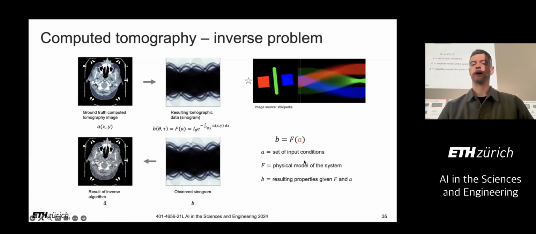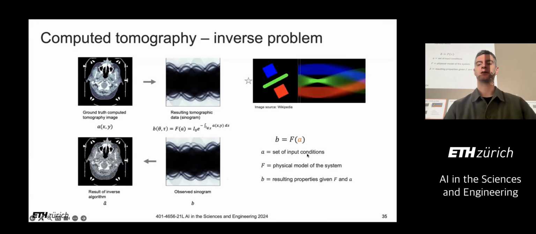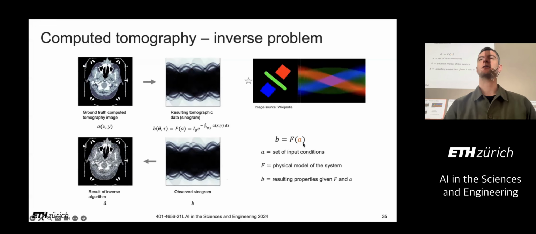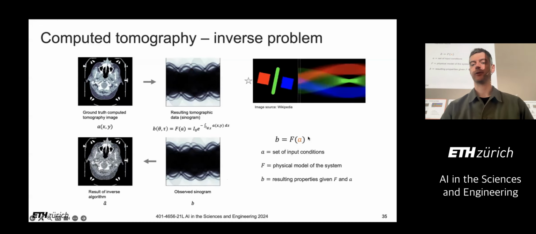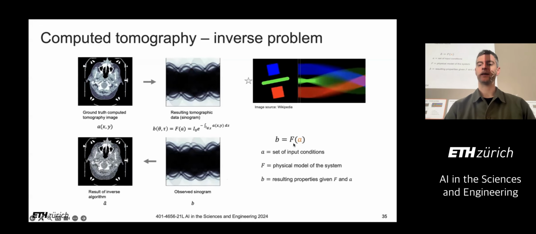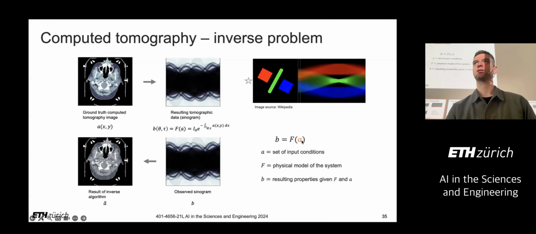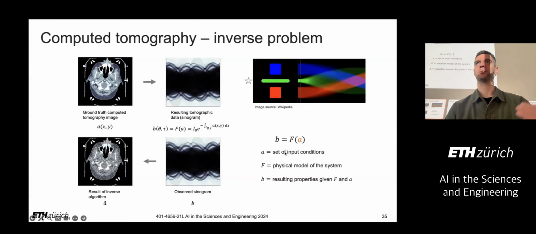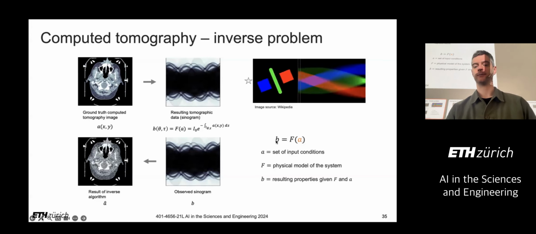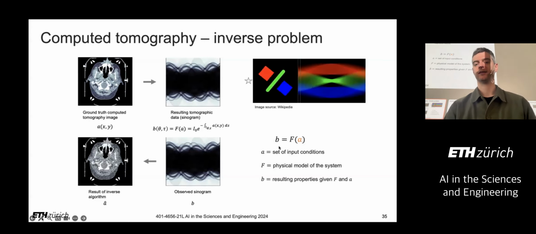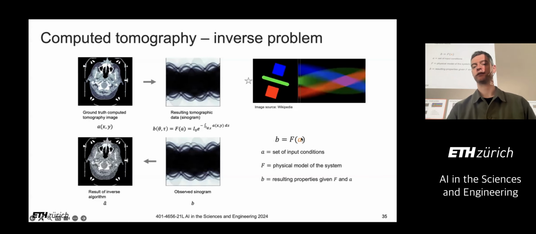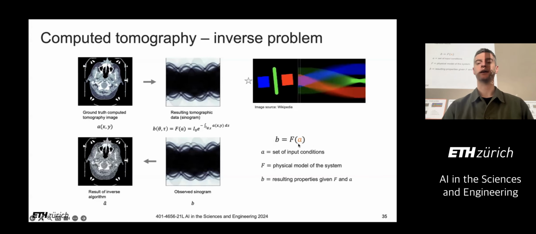I talked about this super high level framework in the first lecture, where I said many problems can be boiled down to this: we have some physical system which has some input conditions A, we have some forward model of that system, and then we get some resulting properties B. So the inverse problem is, given B, to figure out what A is.